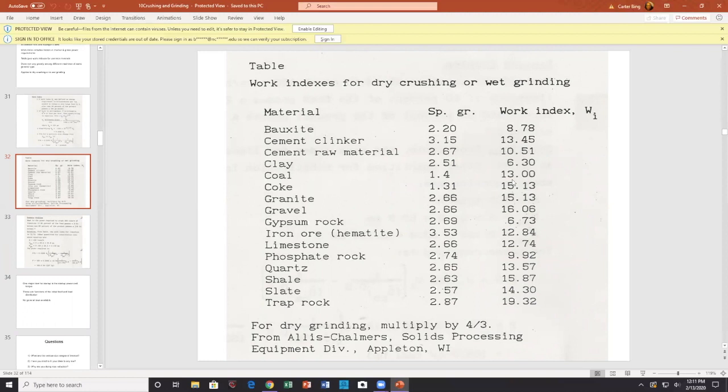So there's not much change. Factor 3. Specific gravity is floating around the same number. 1.4 for coal, 1.3 for coke, but those are the only low ones there. They're all 2.6s. Yeah, there's a 3.5 there, or 3.15.